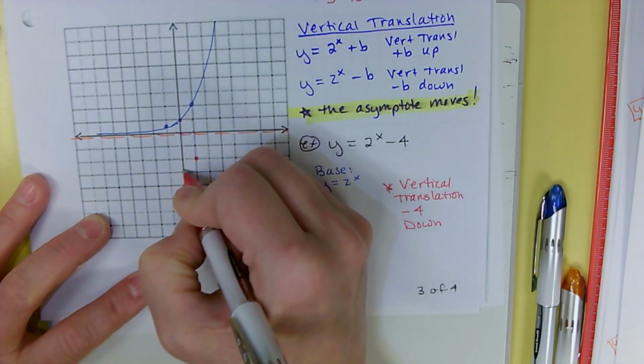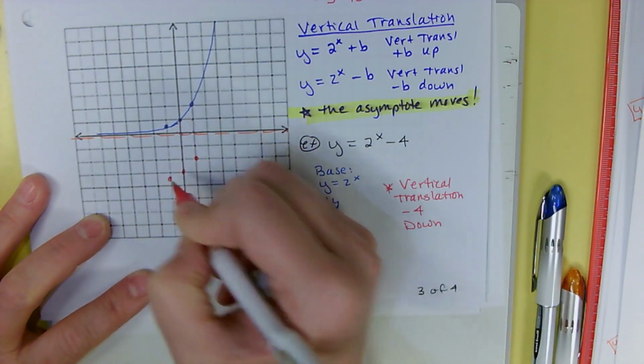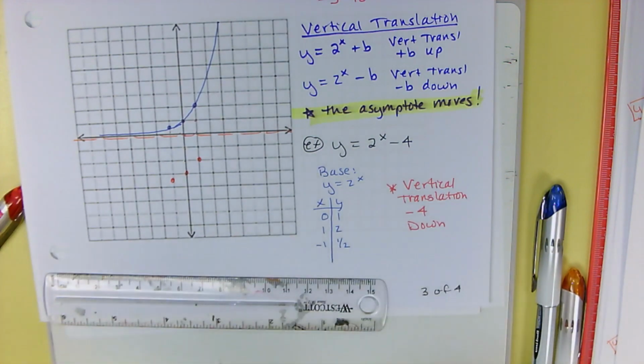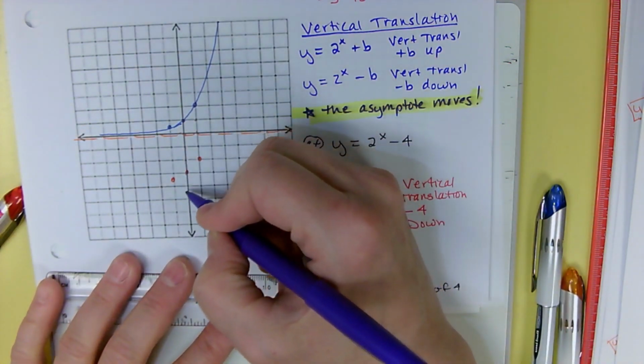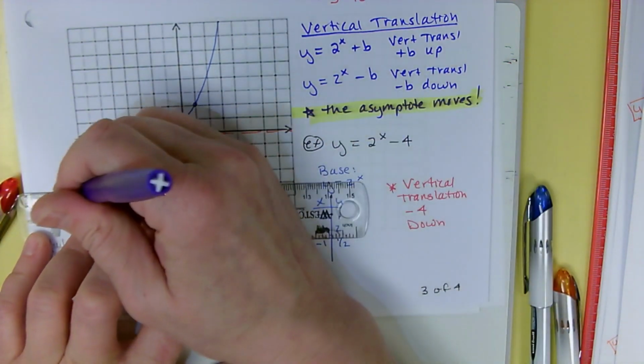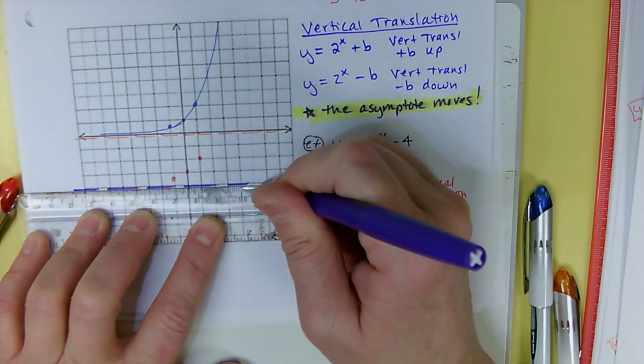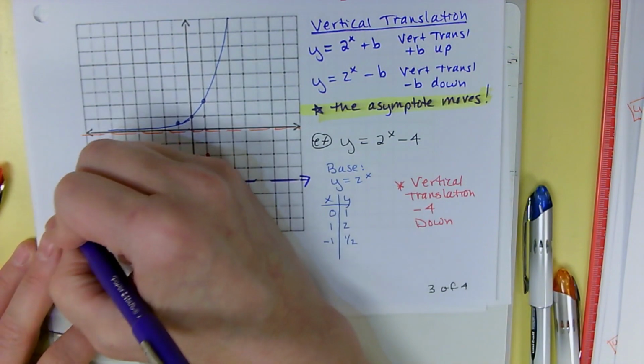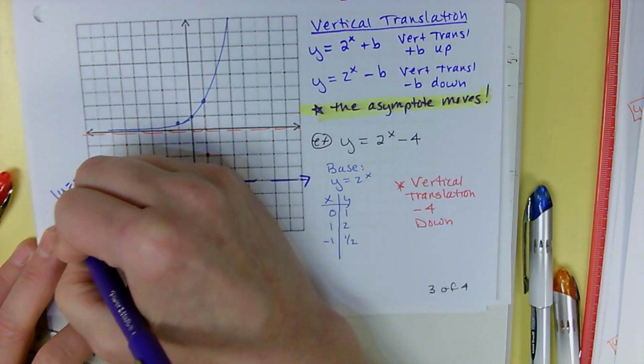And this is where your asymptote moves down 4. So count 4, and draw your new asymptote in. My new asymptote is at y equals negative 4. So label that.